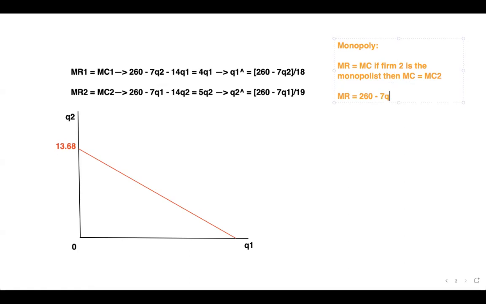In this case, we could write 7Q2, because at least that would be the demand, but the marginal revenue would have twice the slope, minus 14Q2. And then we could set that marginal revenue equal to MC2, and we get 260 minus 14Q2 is equal to 5Q2.